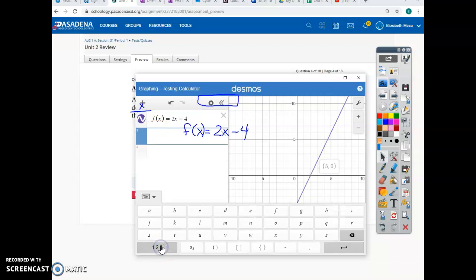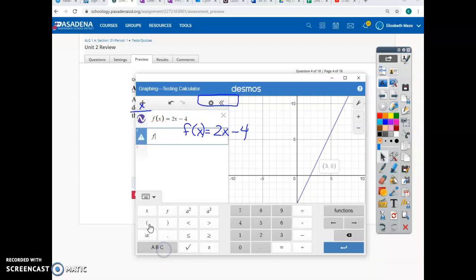So f of, the first number is -4. That gives me -12. The next number is -2. That gives me -8. The next number is 0. That gives me -4. Are you writing these down? 3 gives me 2. And 5 gives me 6.